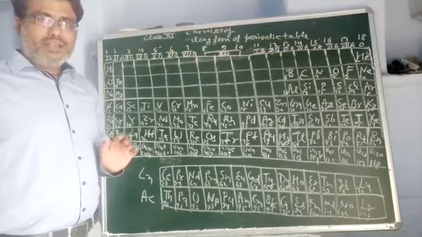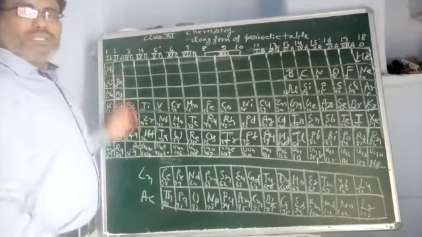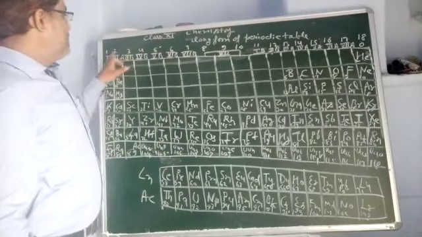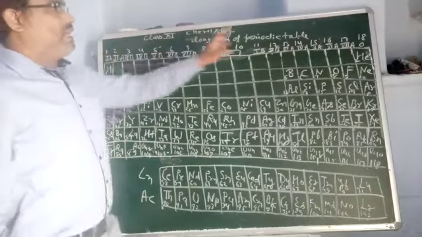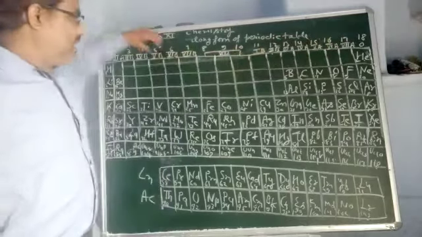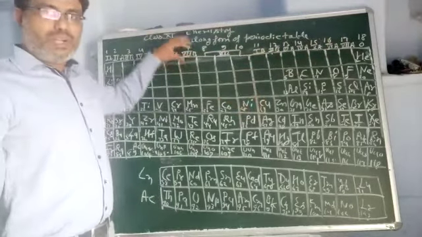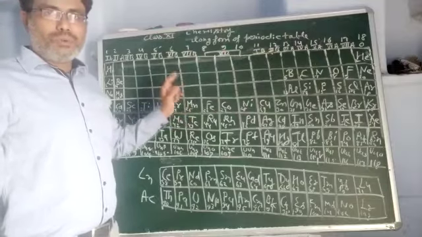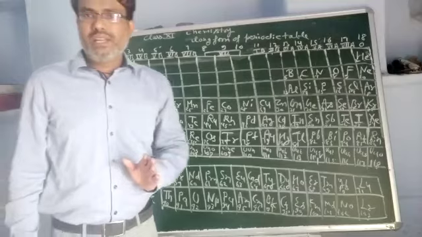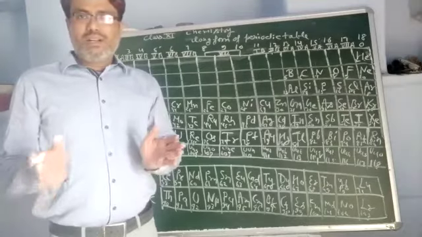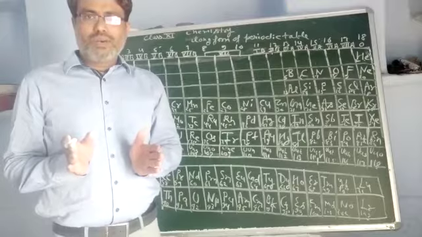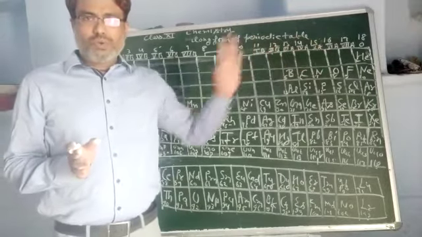Okay, and if you count the vertical columns, overall I have written here 1 to 18. I have drawn 18 vertical columns, which are also called groups. But in the long form periodic table, mainly there are 9 groups, along with the 0 group.